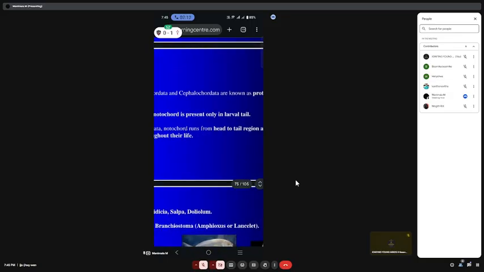The notochord is present only in the larval stage, so it is called Urochordata. The tail bearing animal is present only in the larval stage.